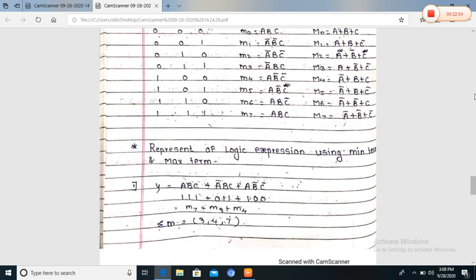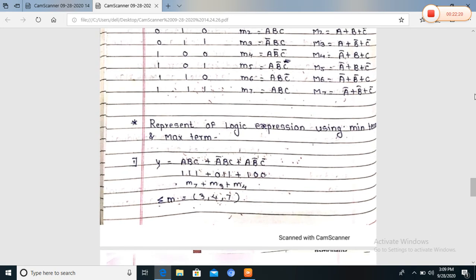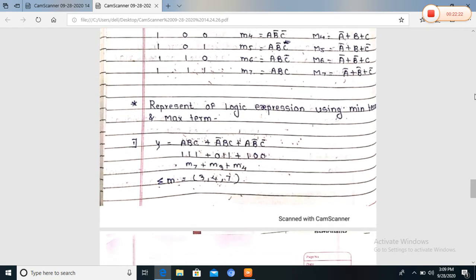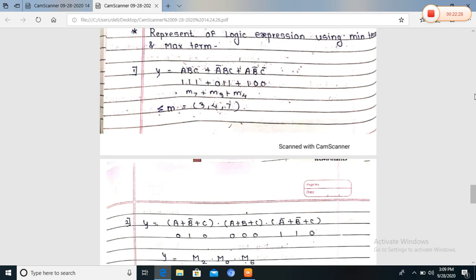For that expression we represent the min terms by summation m. This summation m indicates that the expression is in SOP form. This summation m is for the SOP, or that is for the min term.